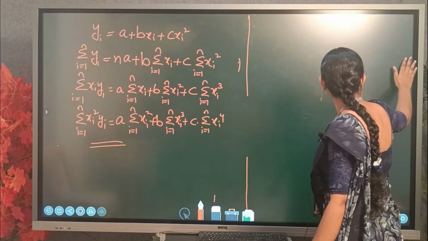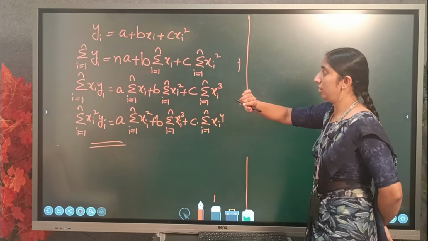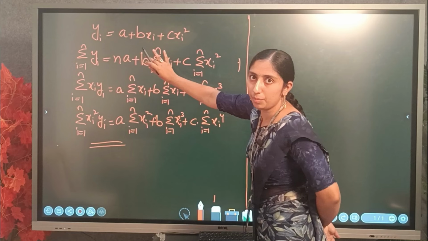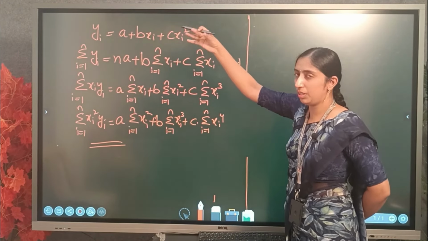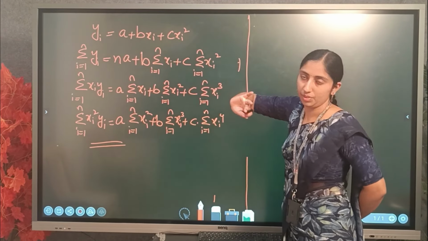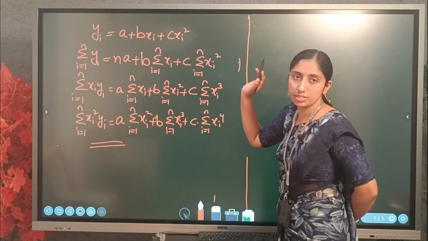So you just see these three equations. Here yi is there, n means the number of terms. These terms we can see initially for the given problem, and there is xi and here xi square. All these terms come before the summation.